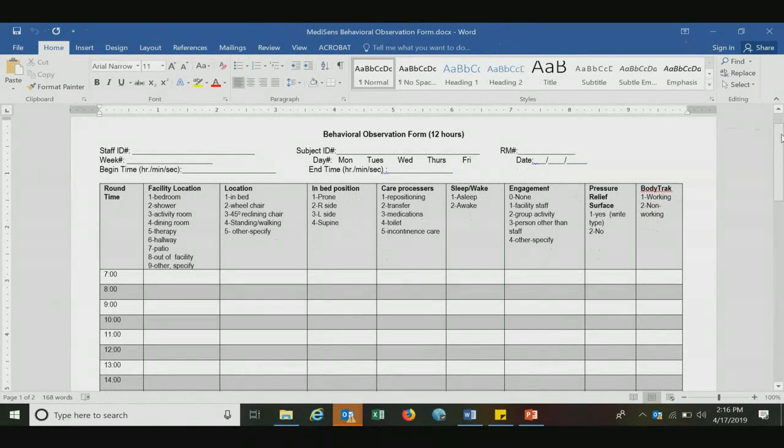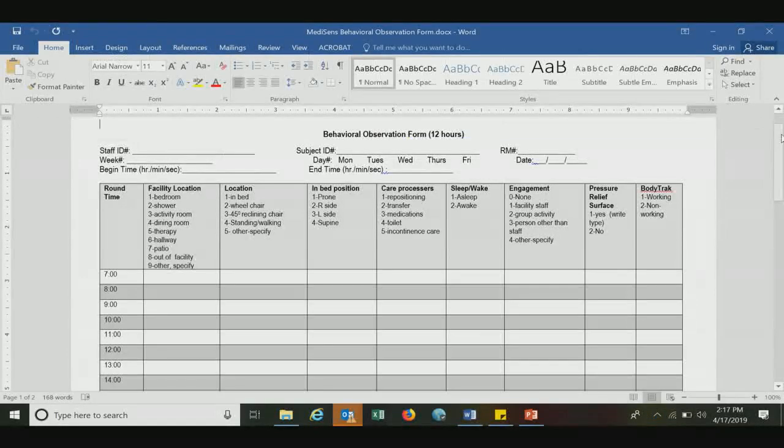So we needed to see, in order to understand our data, we needed to observe each of these patients. Oh, there we go. Okay, sorry. We needed to observe patients to know what we saw them doing so that we could then link it to the MediSense data that we would get off of the sensors.